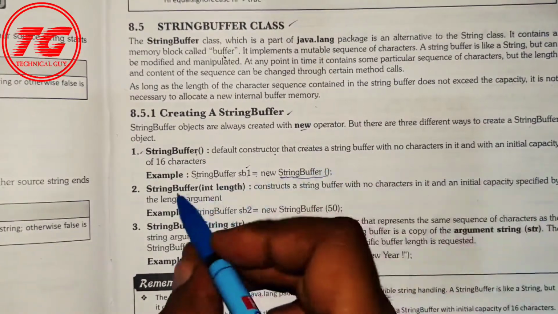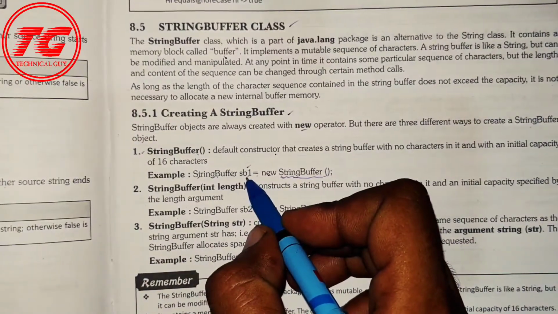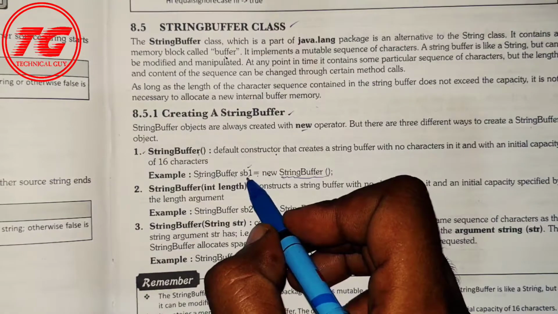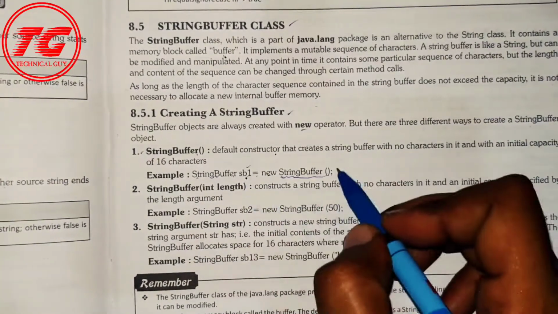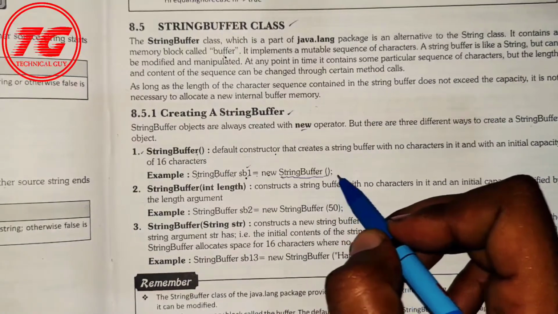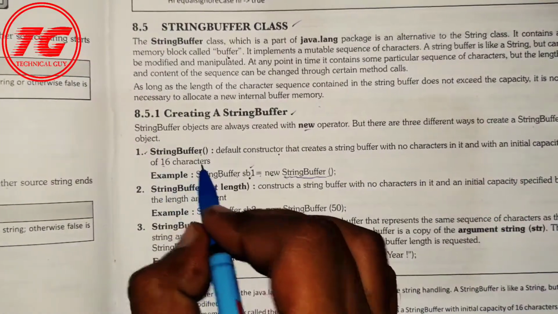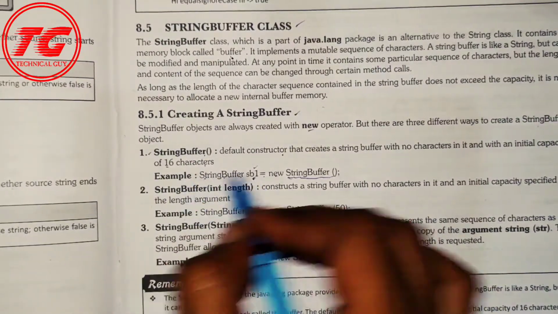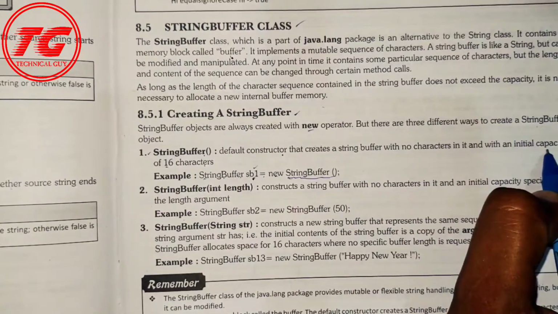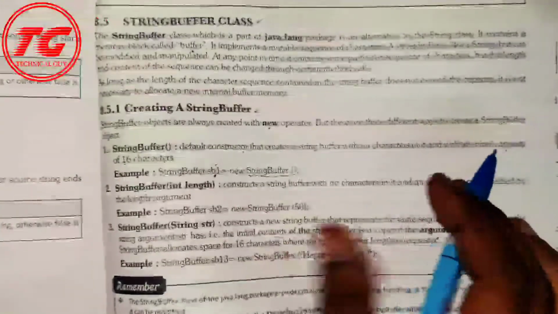So sb1 is the StringBuffer object which will store the contents of a string. Since nothing is mentioned as an argument, the initial capacity will be 16 characters, because it is a buffer and every buffer has a capacity. Capacity means how much data can be stored inside the buffer.